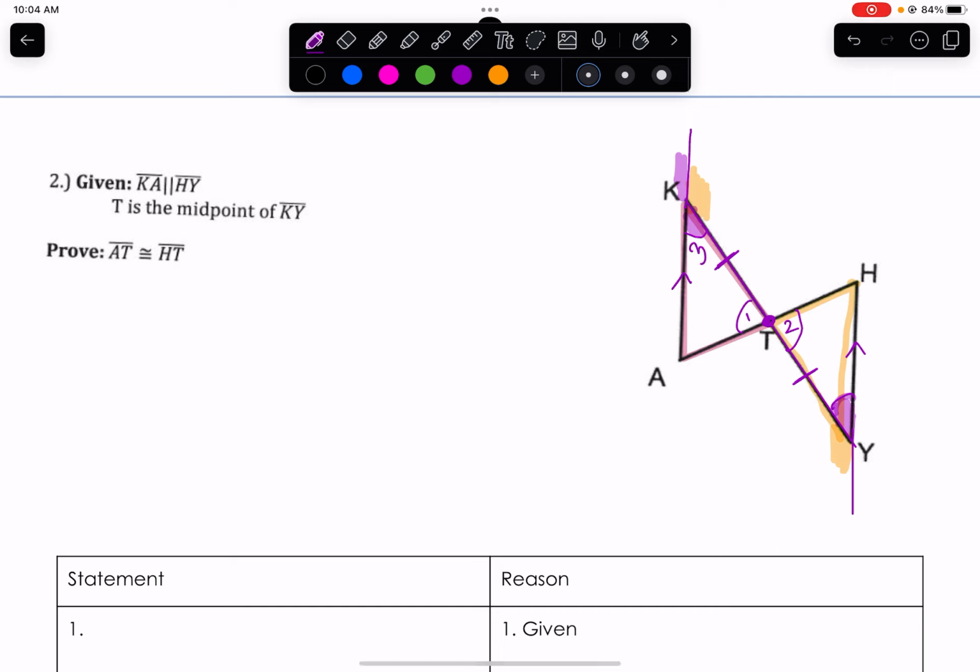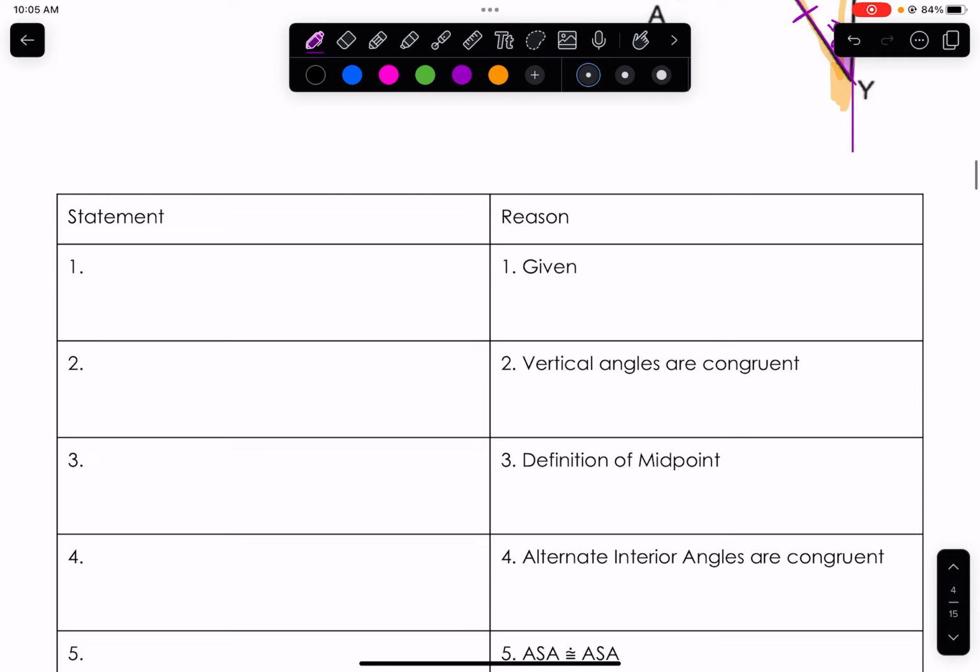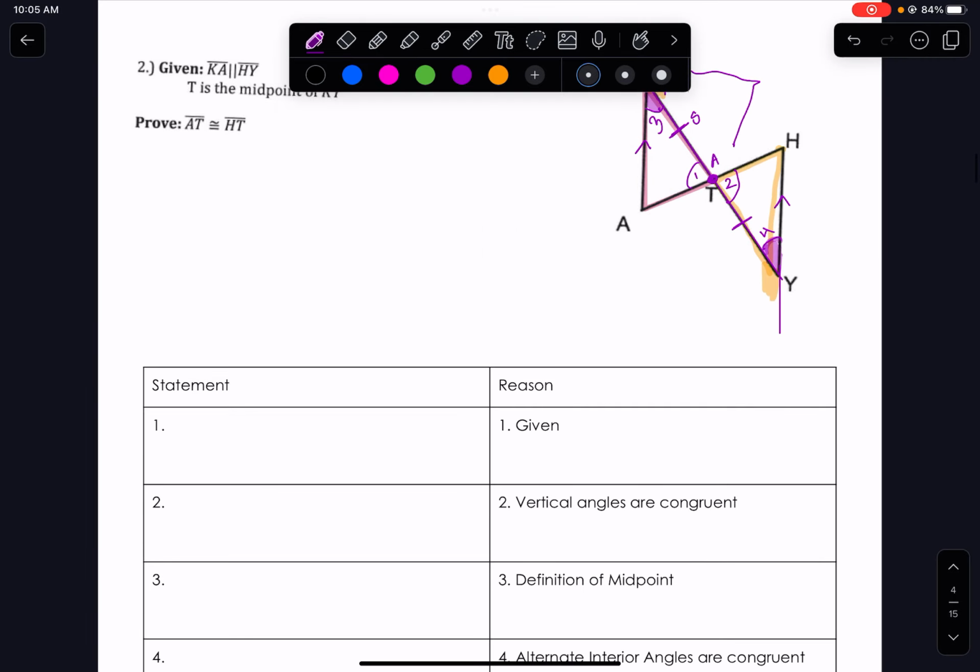So angles 3 and 4, and these are alternate interior angles. So again, I have an angle, a side, and an angle, and the angles are on both sides of the side, so we're going to use angle, side, angle. So let's write the proof.